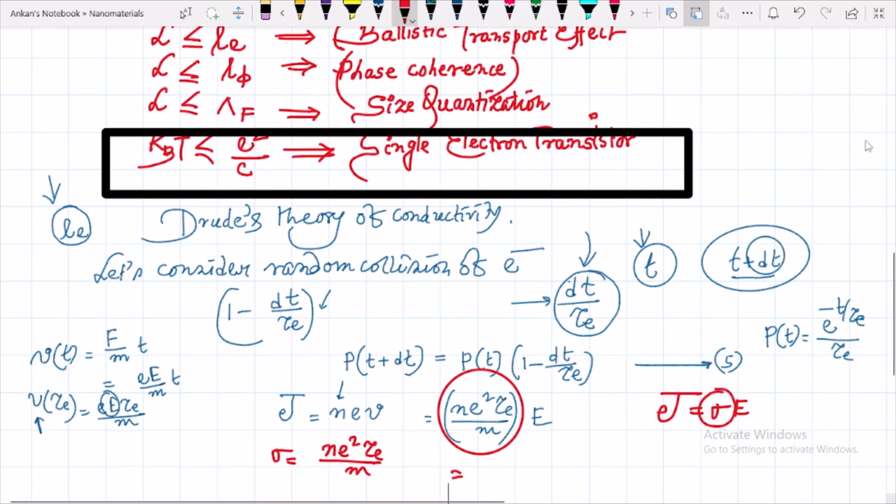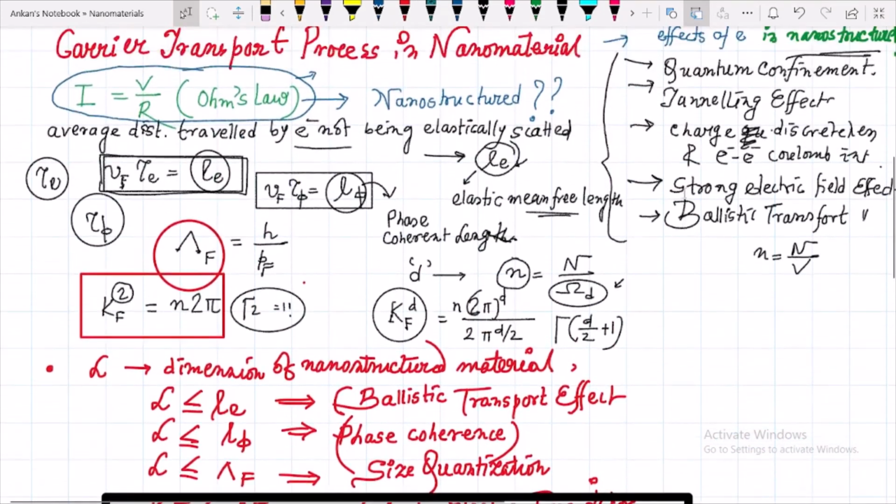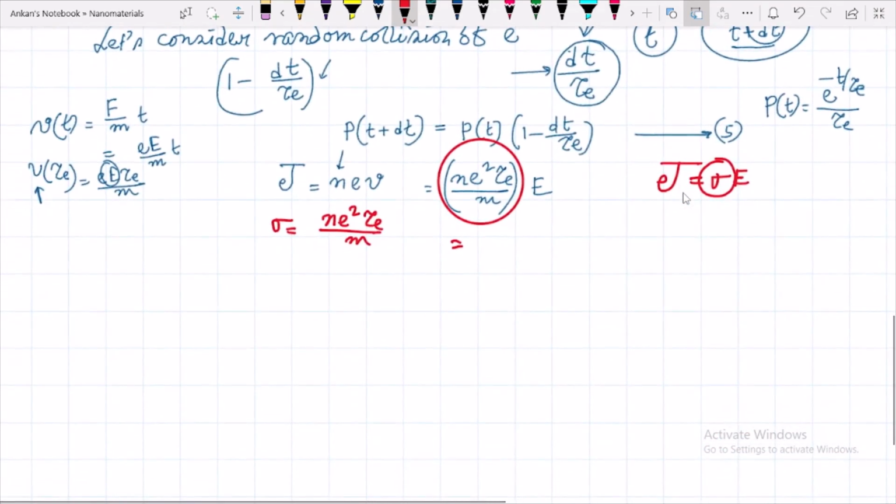As I have discussed some time before, tau is nothing but the mean elastic free length L_E divided by V_F, the Fermi velocity. So by putting the value of tau e here, we get n e squared L_E divided by m V_F.